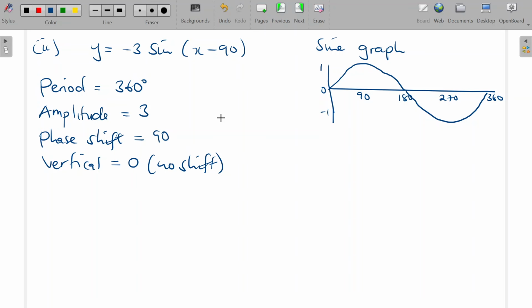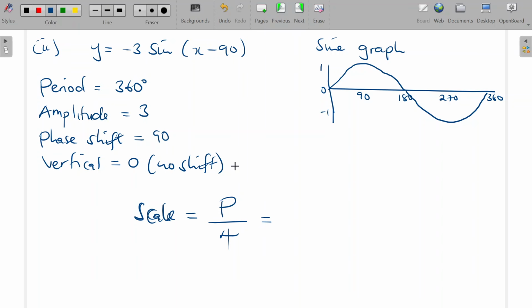These are the things that you need to know. Now there is an important feature we are supposed to know when sketching. It is what we call the scale. When you're dealing with graphs, you have a scale. The scale is equal to period over 4.